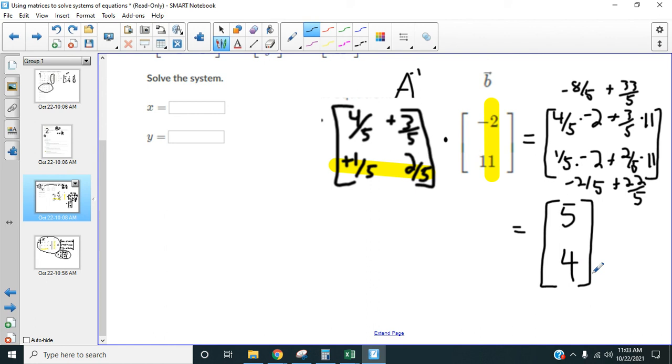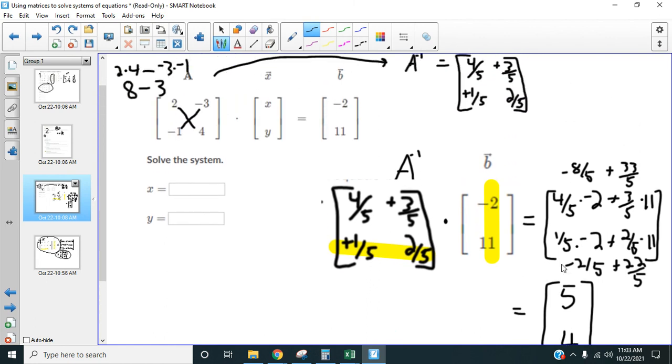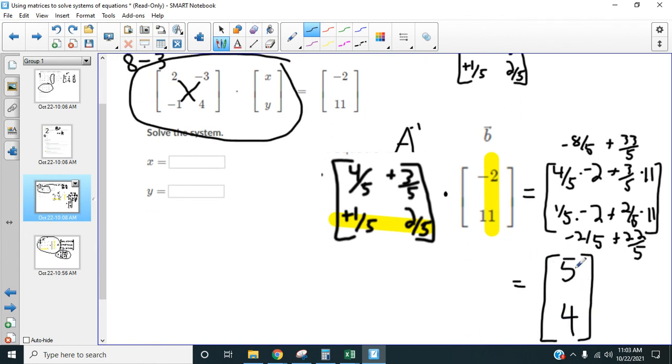Voila. If you wanted to check your answer, you could take the original A matrix times your matrix, and you should end up with this matrix. You could do that if you wanted to check yourself.